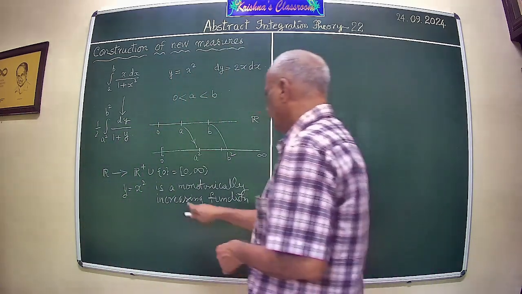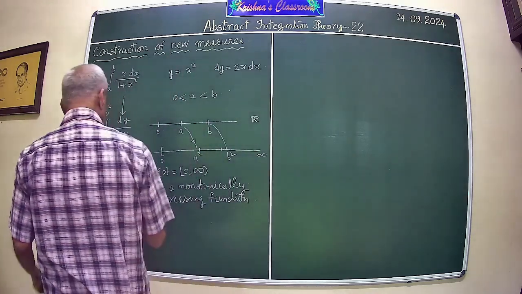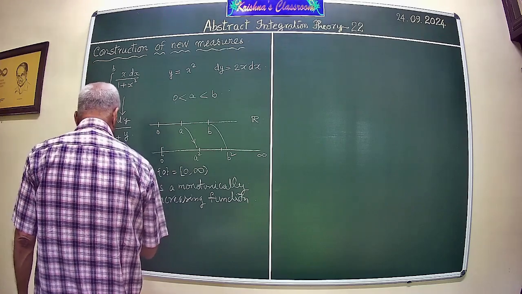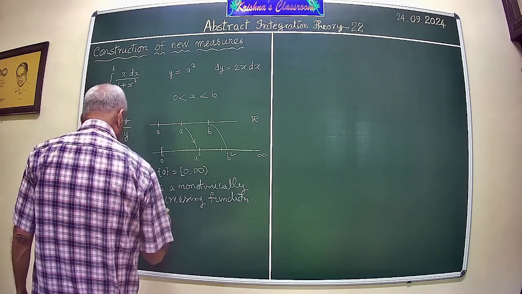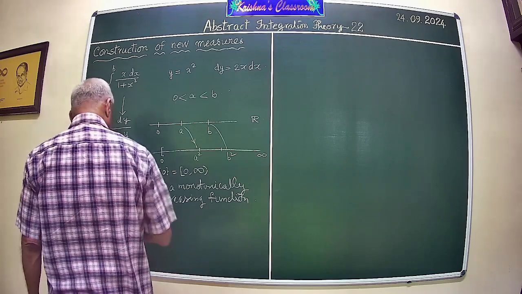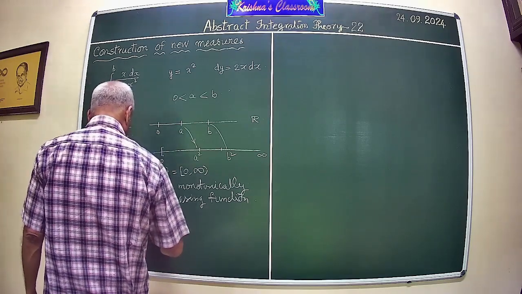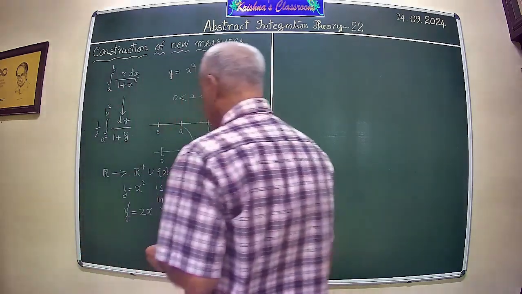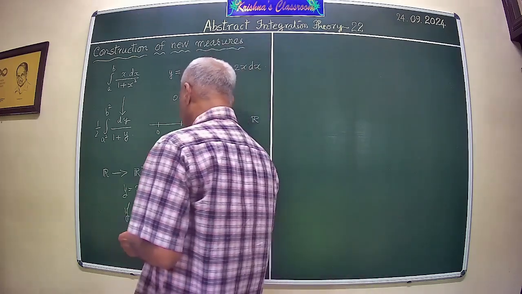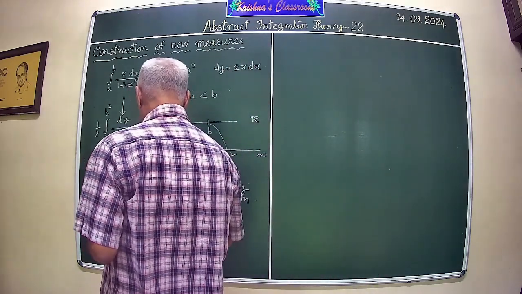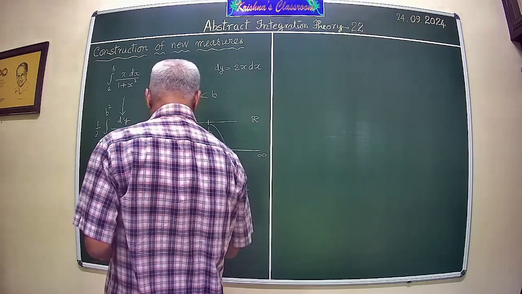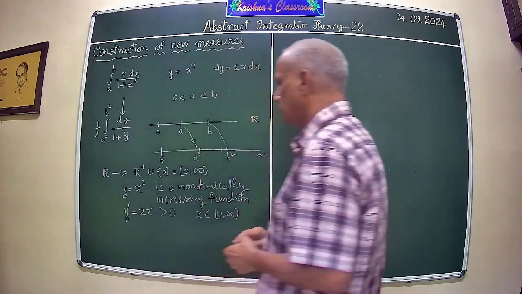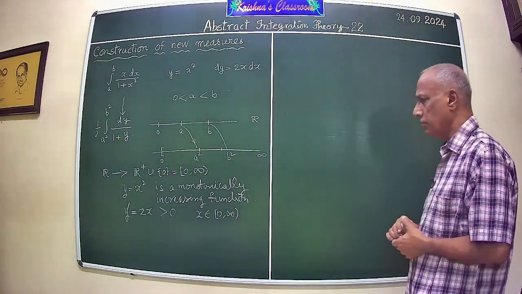And it is manifested in the following fact that its derivative, dy by dx, is equal to 2x, and this is certainly positive on that portion. It is going to be from 0 to infinity.